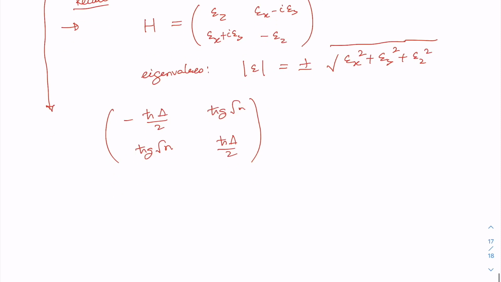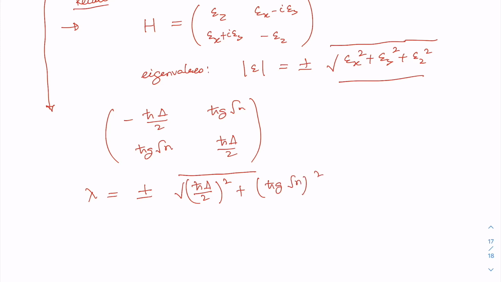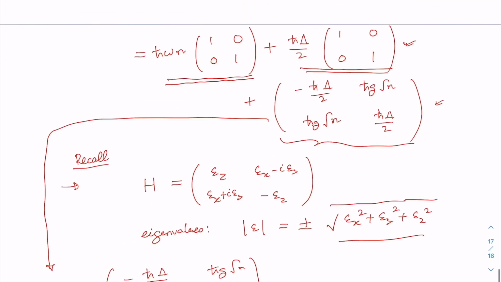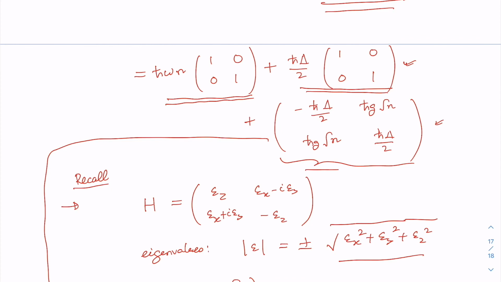So the eigenvalues, let me denote it by lambda, are plus minus ħ√((δ/2)² + ... ) plus ħ z √n.